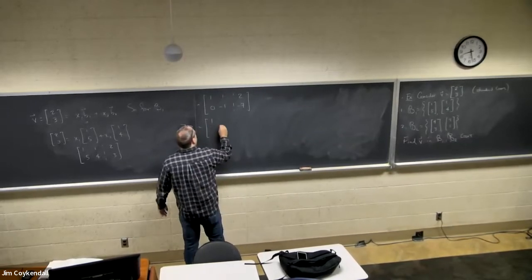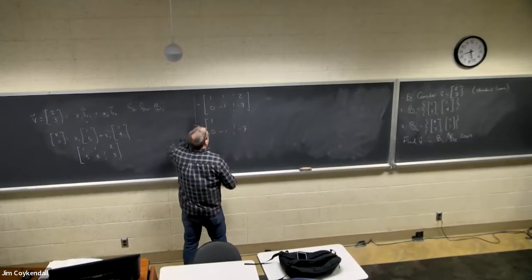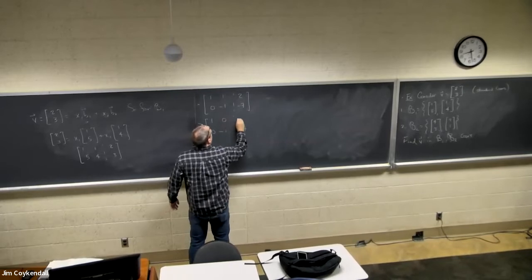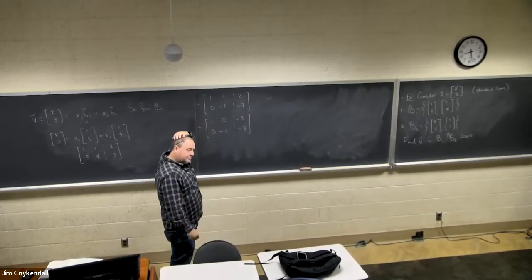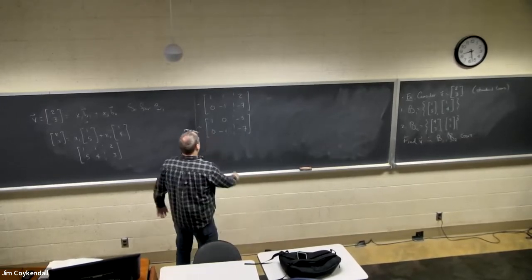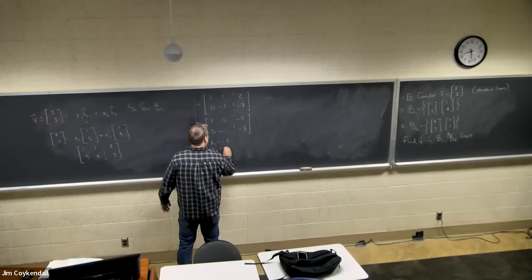This is going to be 1, 0, -5, and 0, -1, -7. These are easy equations for me to deal with. This first one is X1 equals -5, and X2 is 7.